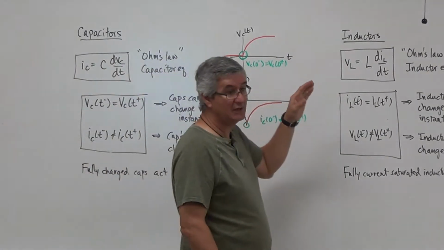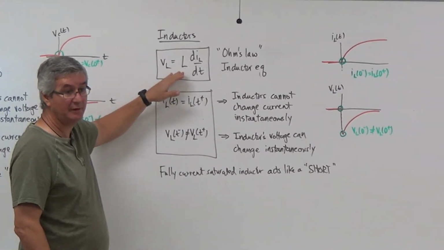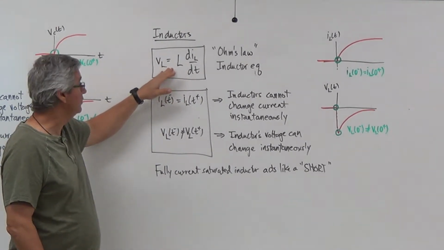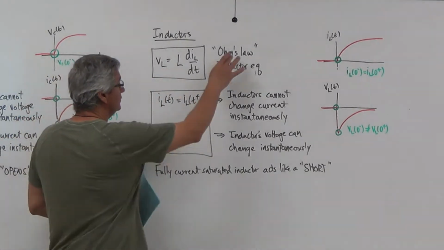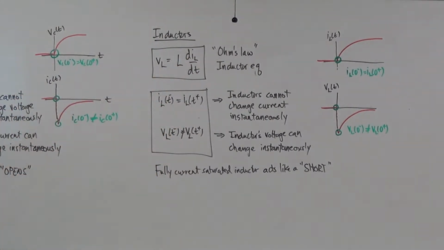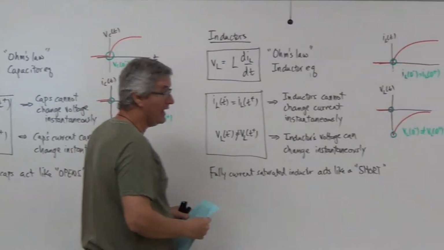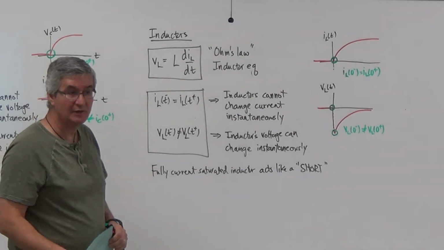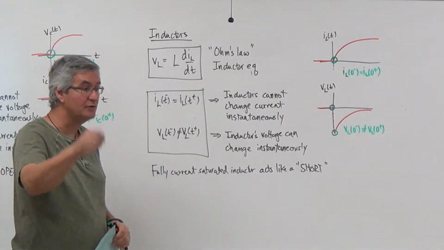The same thing goes with an inductor. An inductor from Faraday's law can be written this way. When I look at an inductor here, it's also its Ohm's law, but you can see that the voltage and the current are reversed from the capacitor equation. Now, if I have a fully saturated inductor, you can imagine it having a lot of turns.